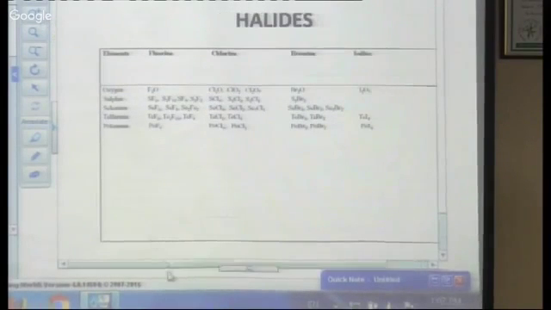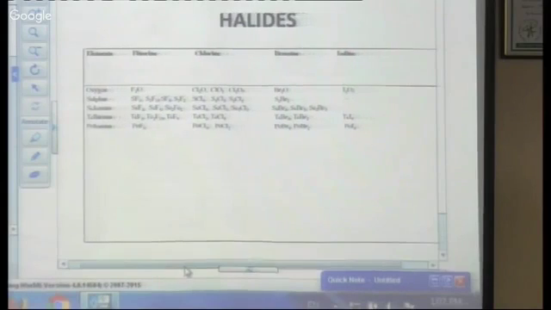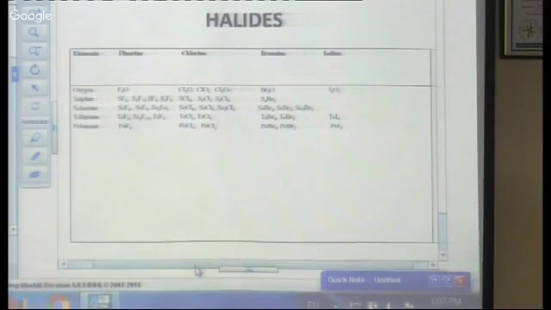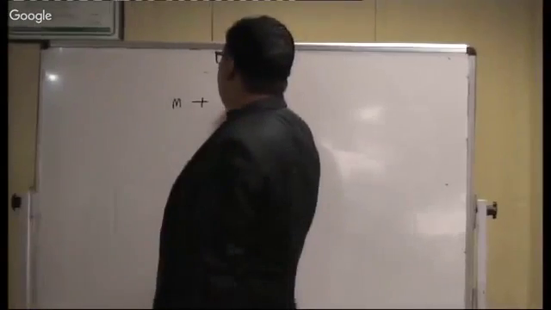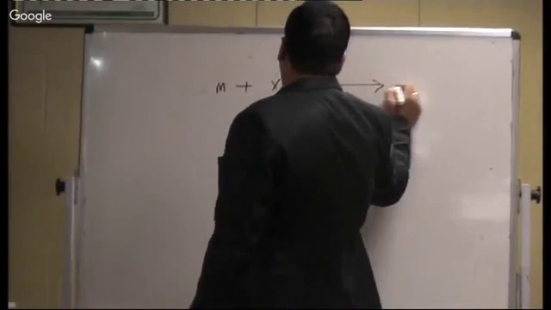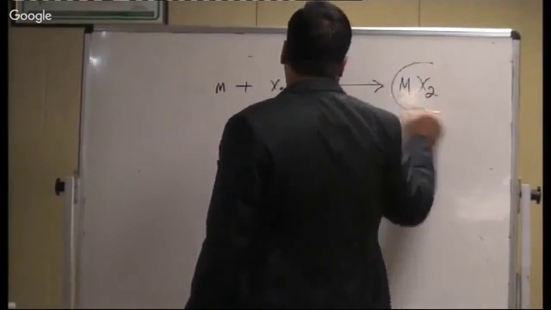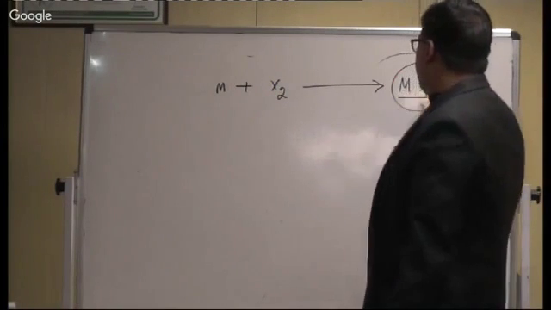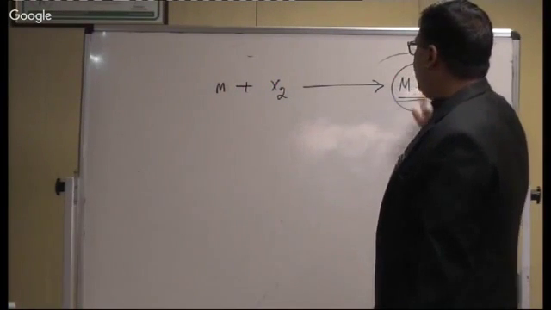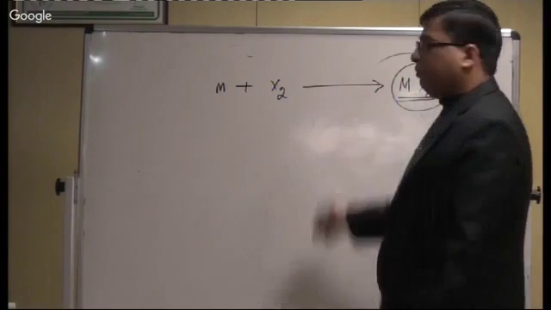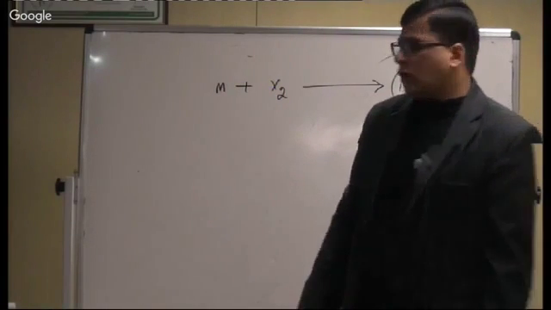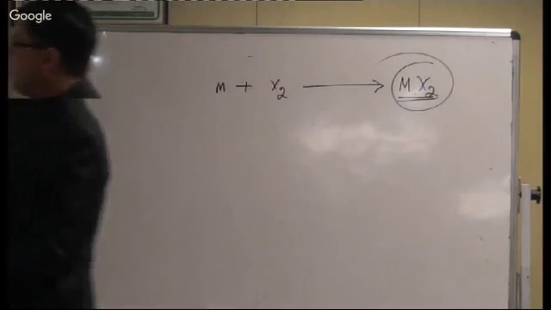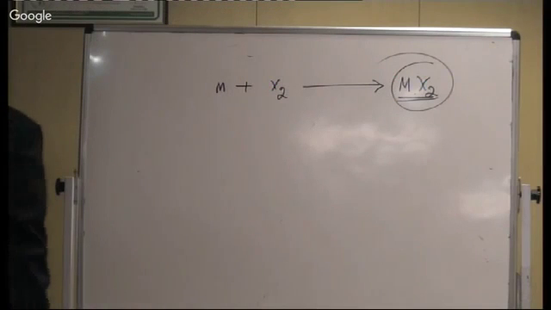So these are halides. See, all elements of this group when treated with halogen give halides of the type MX2. Clear? Generally, these halides are of different types, from plus 2 to plus 7, except oxygen. See, oxygen forms halides only with fluorine.